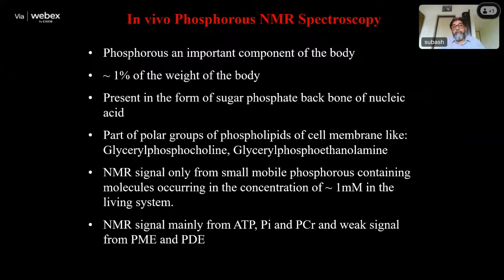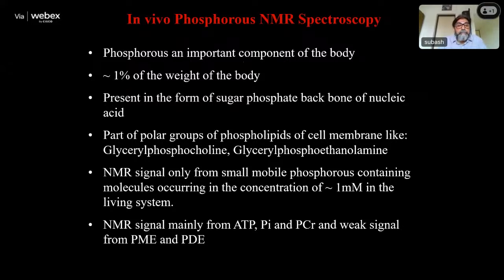It is about 1% of the weight of the body, and it is present in the form of sugar phosphate, which is the backbone of all the nucleic acids. It is part of the polar group of phospholipids of cell membranes, like glycerophosphocholine and glycerophosphoethanolamine. These are the two major components of phospholipids.